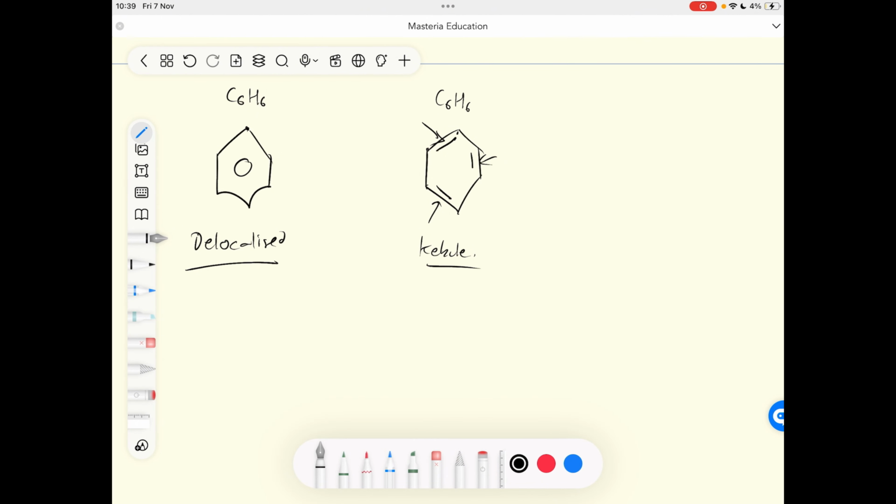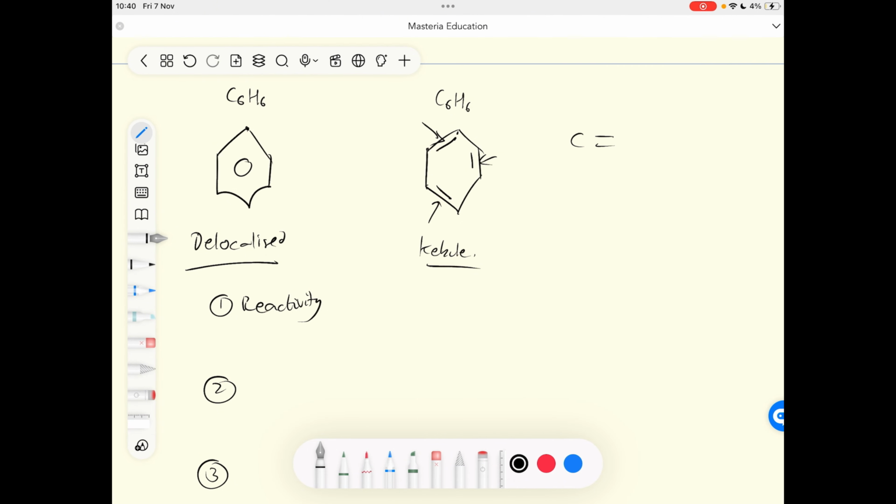Now, there are several reasons why the Kekulé model isn't preferred to the delocalized model. There's actually 3 reasons that we need to know about. Reason number 1 is to do with its reactivity. In the Kekulé model, it has the functional group of an alkene. This means the Kekulé model should react how an alkene should react.